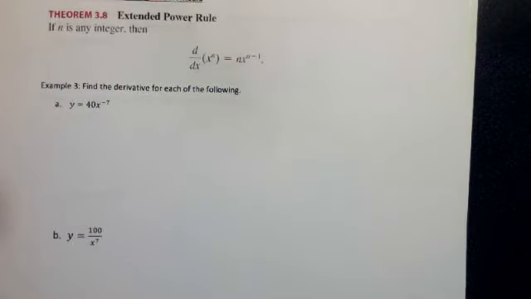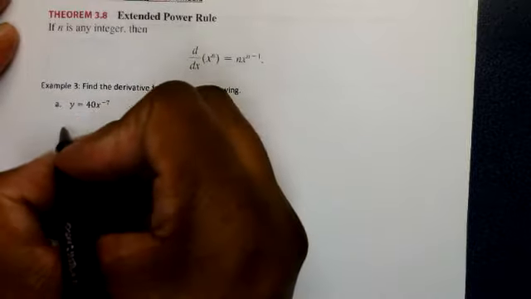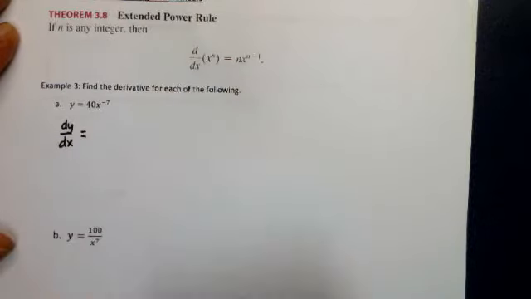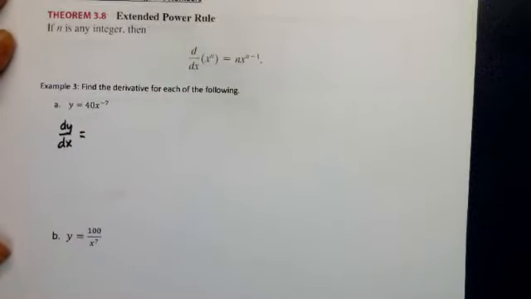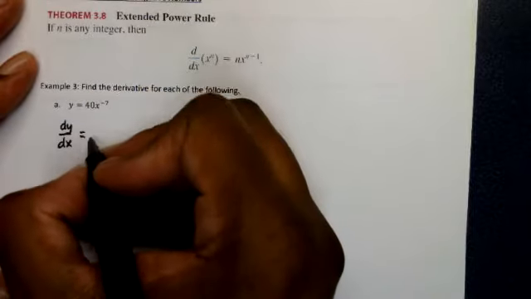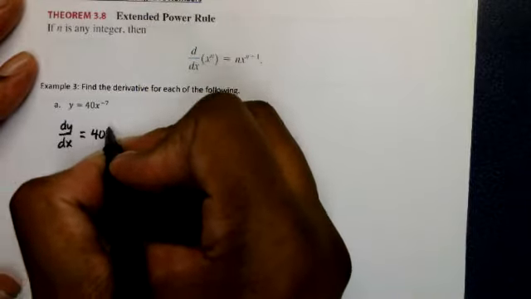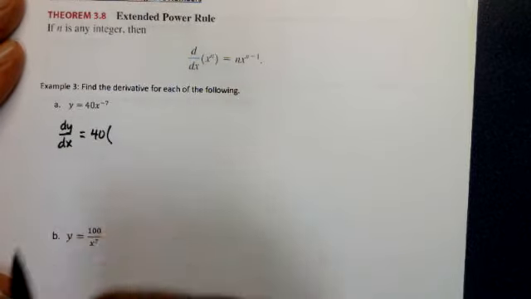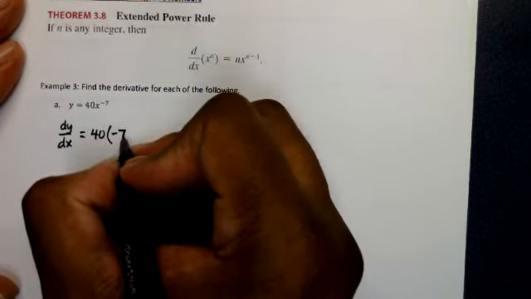Let's say I want to find the derivative of y equals 40x to the negative 7. Now here I'm using dy dx as my derivative notation. Really doesn't matter. All right, so let me bring over the 40, and using that extended power rule, I'm going to bring down the negative 7 in front of the x.